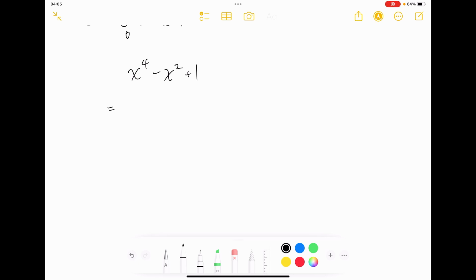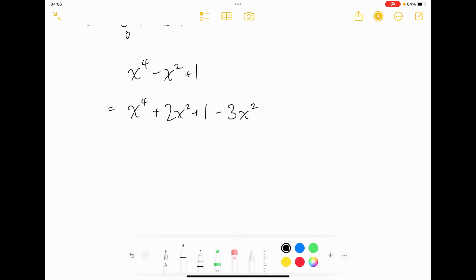If I have x to the fourth plus 2x squared plus 1, that is a perfect square, but then I don't have minus x squared anymore. So to get that, I'll need to subtract 3x squared.